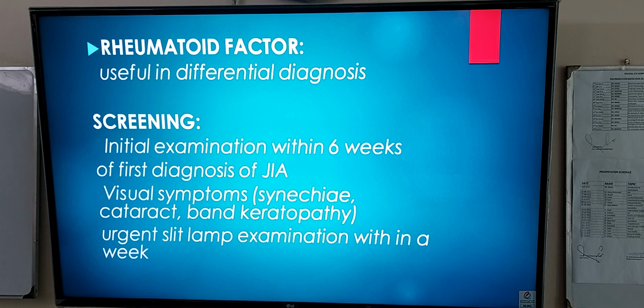How can we screen the patients? Screening is very important because it is usually asymptomatic. Initial examination should be within 6 weeks of first diagnosis of juvenile idiopathic arthritis. If the rheumatologist or parents see visual symptoms like synechiae, cataract, or band keratopathy, there should be an urgent slit lamp examination within a week.